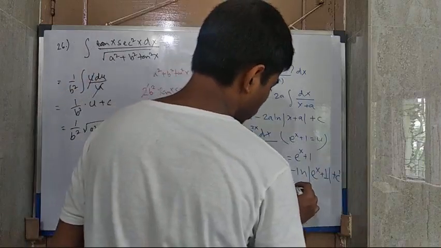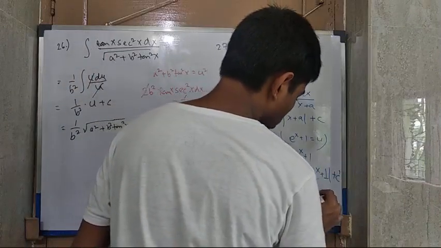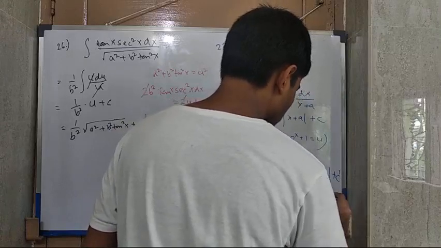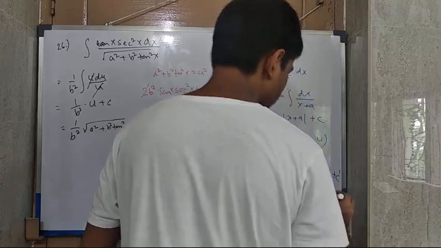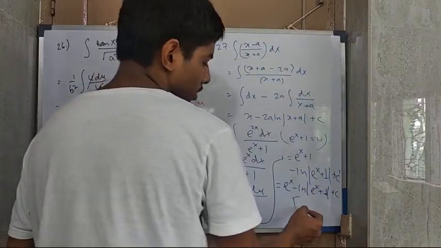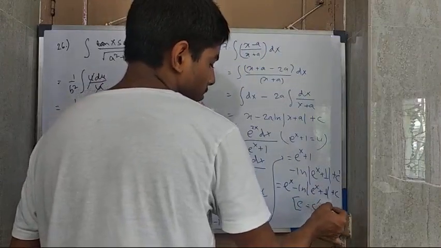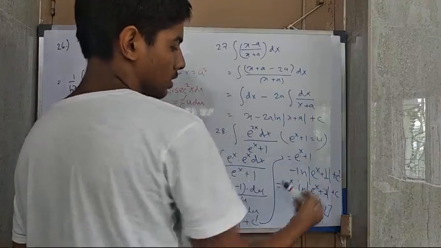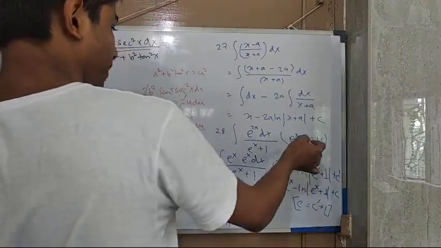So like e to the power x minus ln of e to the power x plus 1 plus c, where c is equal to c dash plus 1. Because 1 is a constant, we put that in the integration constant.